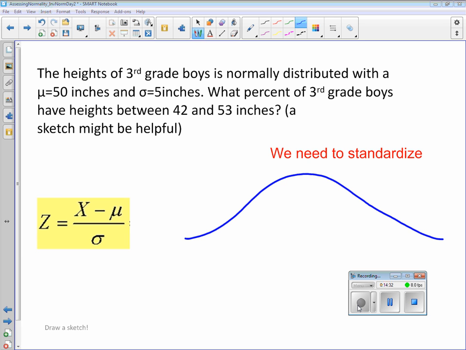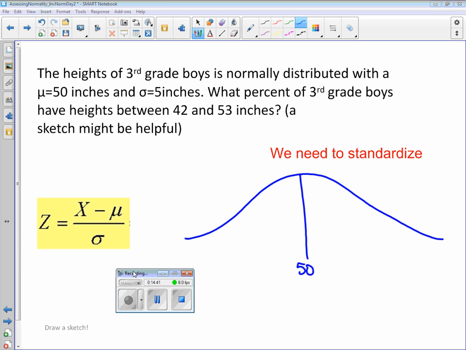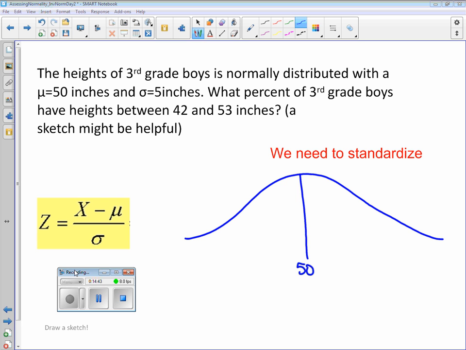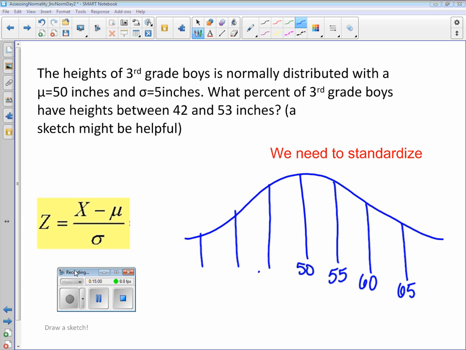So we know that the mean is in the middle. So if we're looking at this particular situation, our mean is 50. So we're going to put 50 here. Okay, great. And then we know that 1, 2, and 3 standard deviations above the mean, and 1, 2, and 3 standard deviations below the mean, we have certain percentages that fall. So we have a standard deviation of 5, so we'll simply add 5 at each of these cases. And we'll subtract 5 in the other direction.